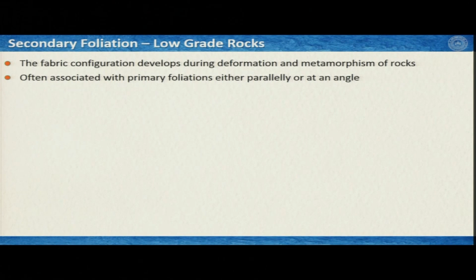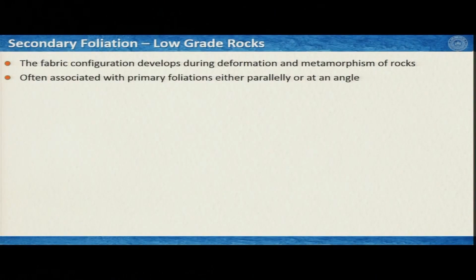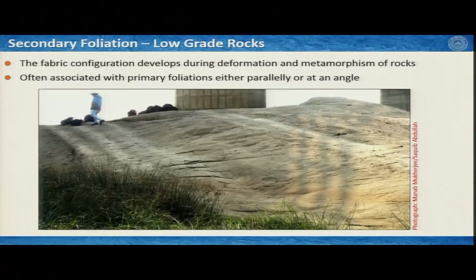So, we have the primary rock with or without primary foliations, and when you deform it, you develop some foliations, alignment of some minerals or fractures or whatever, that define new planes in the system, and these are your secondary foliations. And as we said, these are often associated with primary foliations, either parallel or at an angle. So, what we see in this image is from the Chaibasa formation in India.